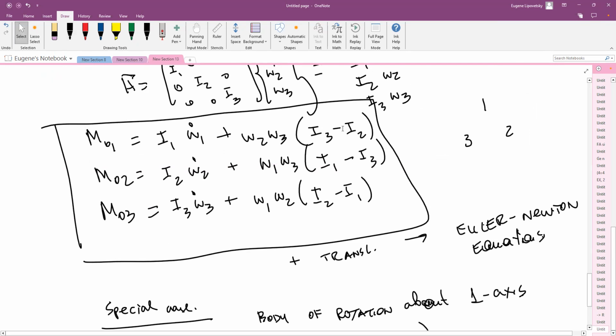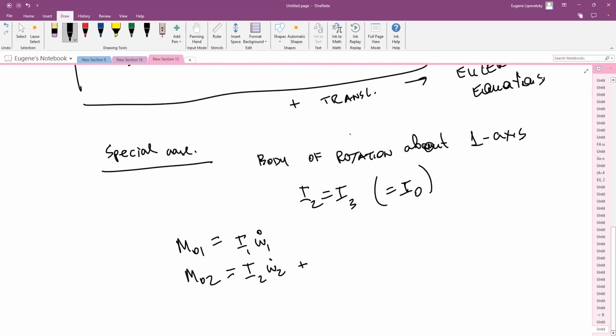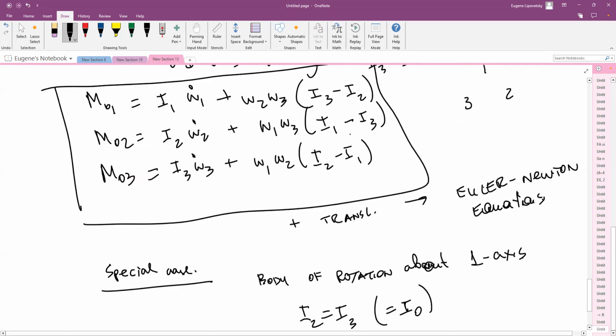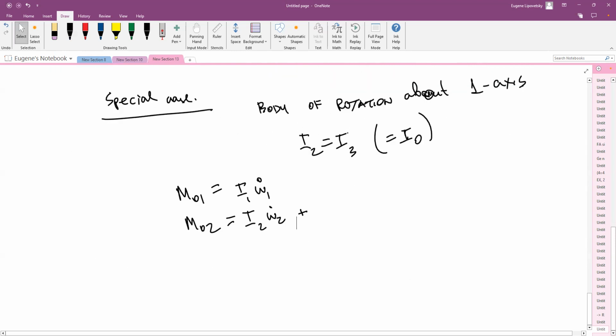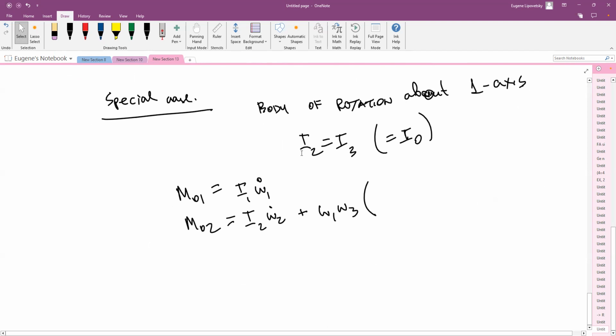And these two moments are equal, I3 equals I2. M_O2 equals I2 omega 2 dot plus omega 1 omega 3 times I1 minus I naught.